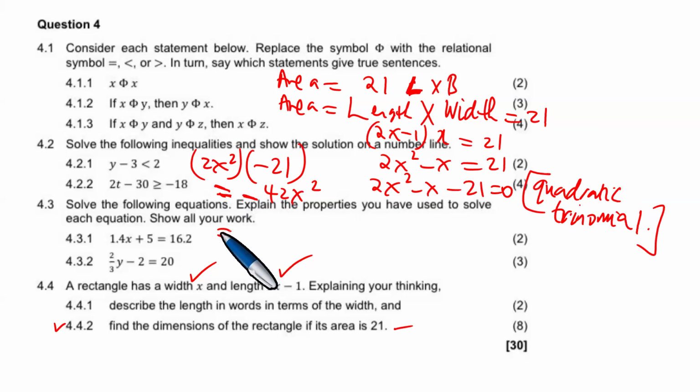So what do we do here? We need to find the factors of minus 42 which, when added together, would give minus 21x.